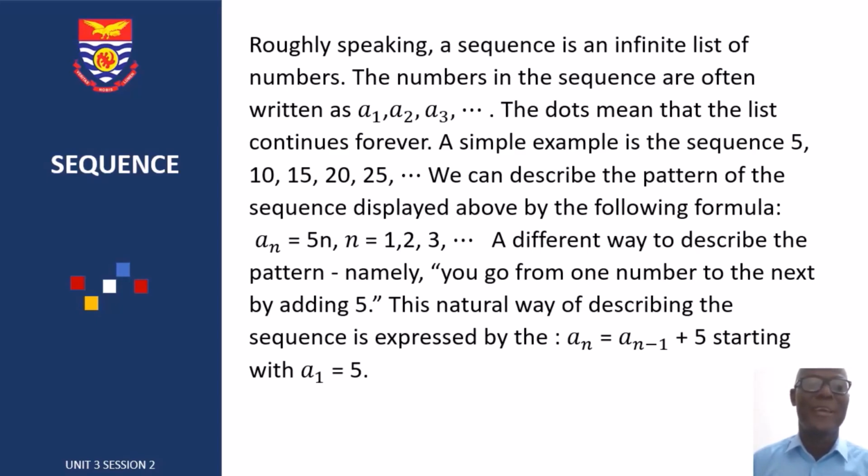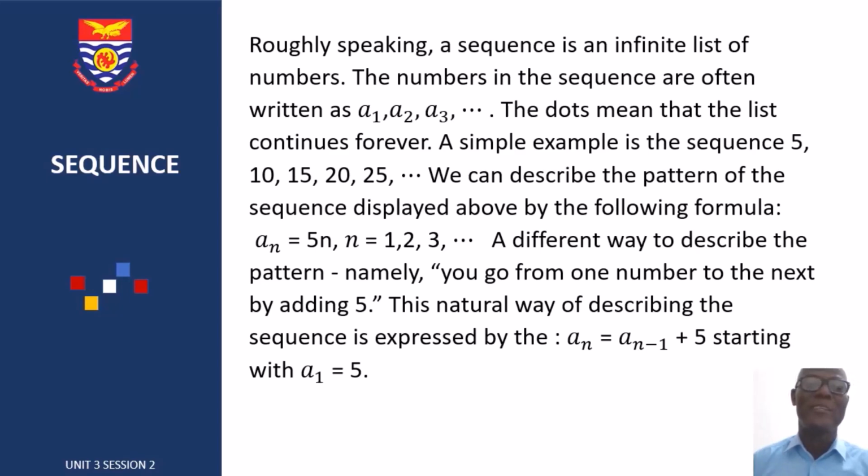If n takes 5, then a subscript 5, the fifth term, is equal to 5 multiplying 5, which is 25. If n takes 6, then a subscript 6 is equal to 5 multiplying 6, and that gives 30. That is the sixth number, and it continues like that.